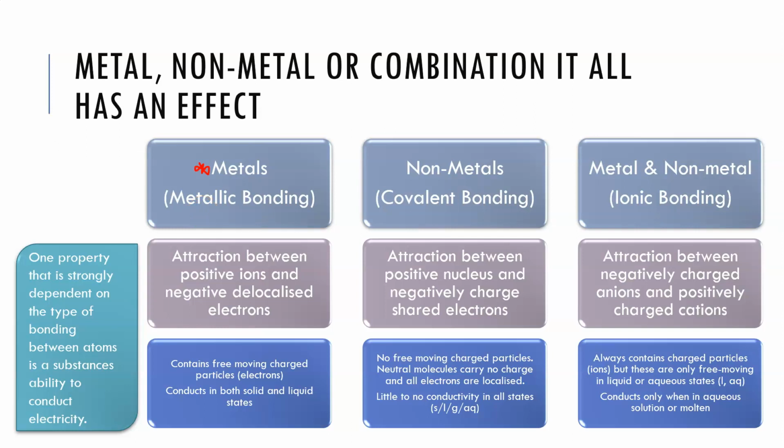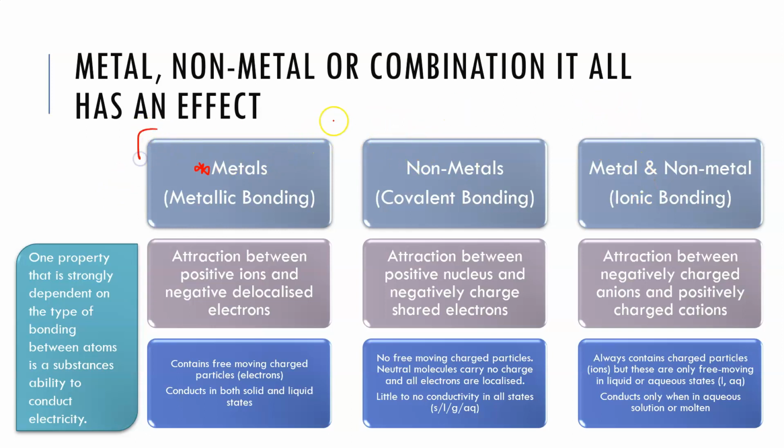In those pure elements, we see metallic bonding, but also in alloys like brass and nickel alloys and things like that. Anytime there's only metals, we see metallic bonding occurring. When we have only non-metals, we see covalent, and then metal and non-metal, we see ionic.